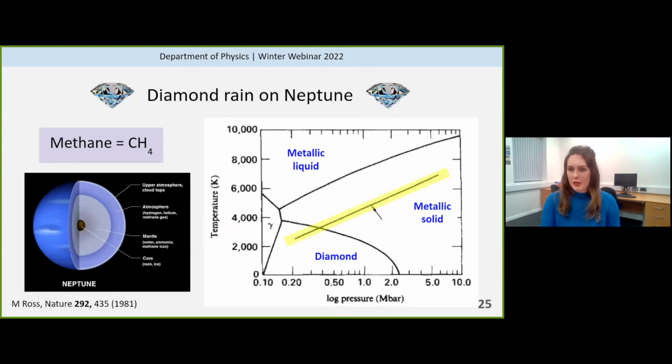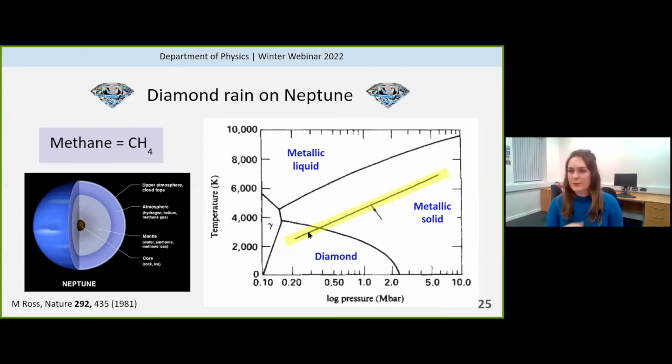So what you can then do is plot our measurements on a graph. This line highlighted in yellow shows the measurements of the material that is present, or would be present, inside Neptune. So as you can see, for each pressure, there's only one temperature that material could potentially have.